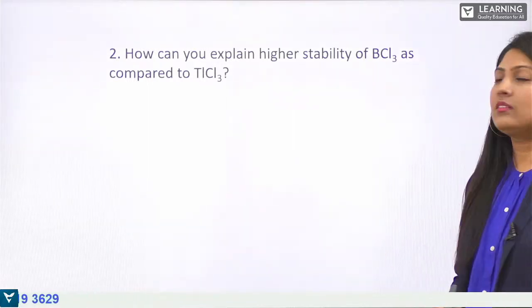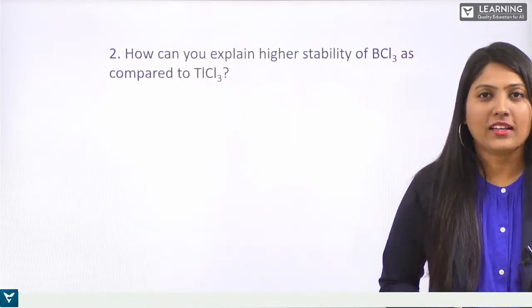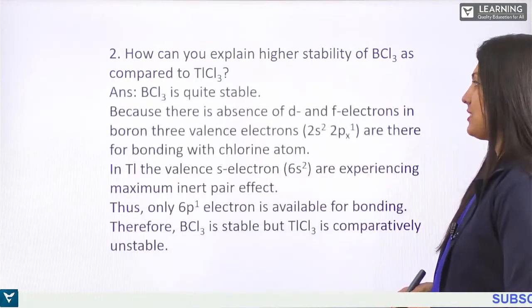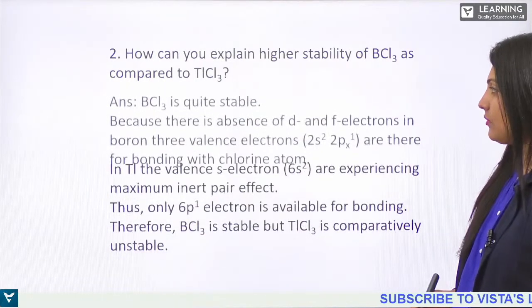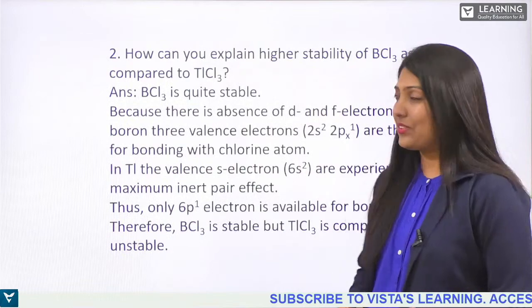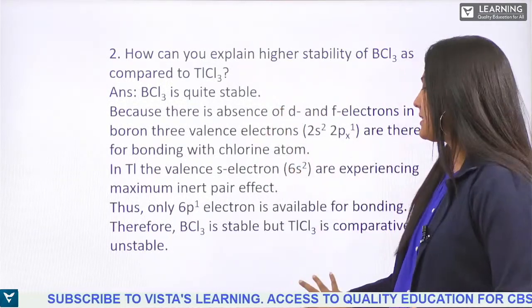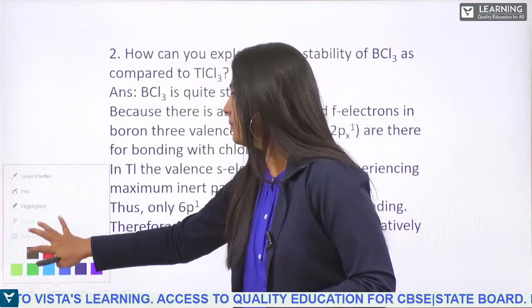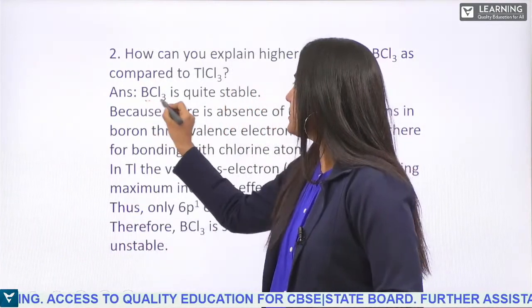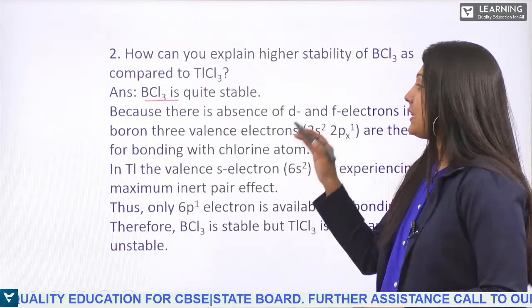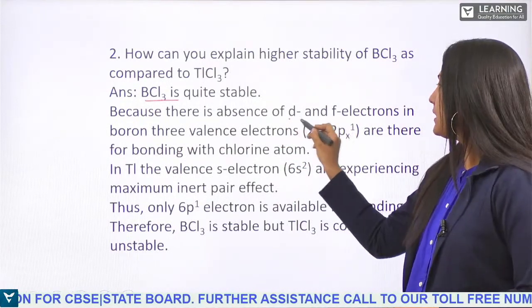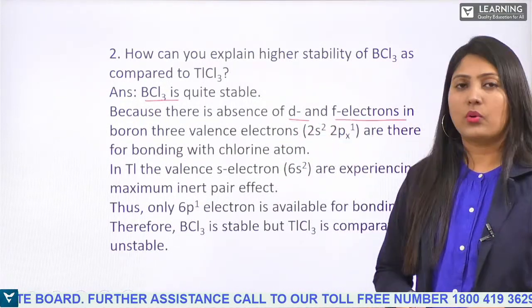You got the question? And I hope you are guessing the answer still. Yes, here is the answer. BCl3 is quite stable because it is having its own +3 state, isn't it? So it is stable because of the absence of d and f electrons in boron.